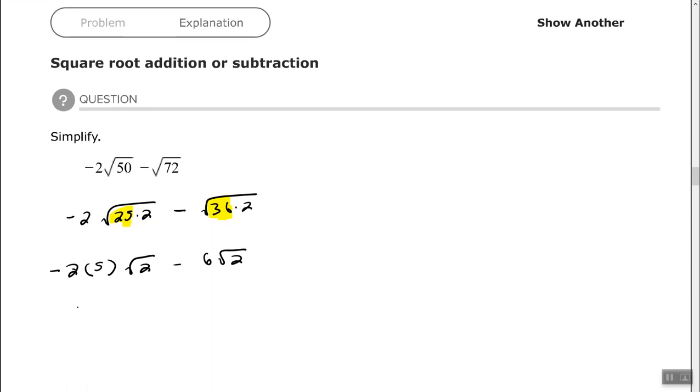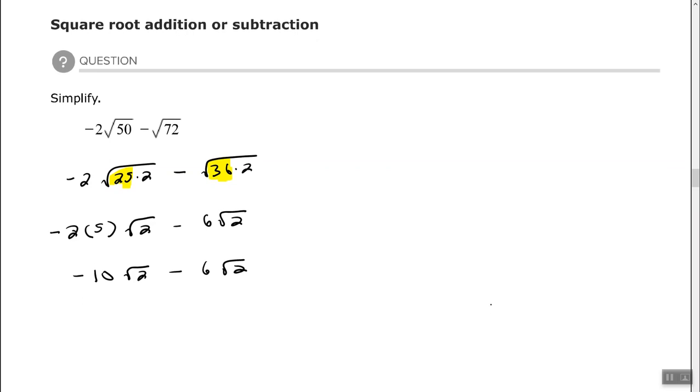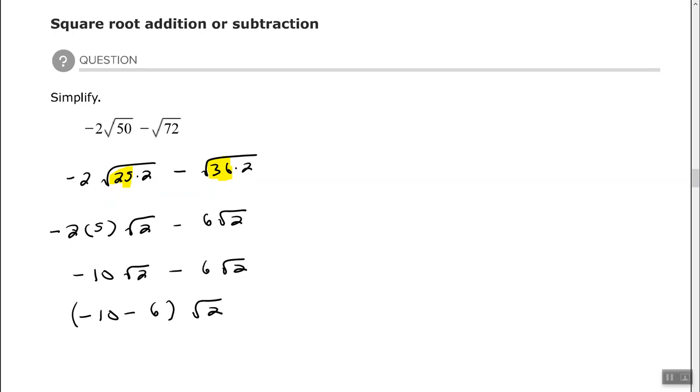Multiply the negative 2 times the 5 gives us negative 10. Now, since both of these are being multiplied times the square root of 2, I have negative 10 minus 6, and negative 10 minus 6 is negative 16 times the square root of 2.